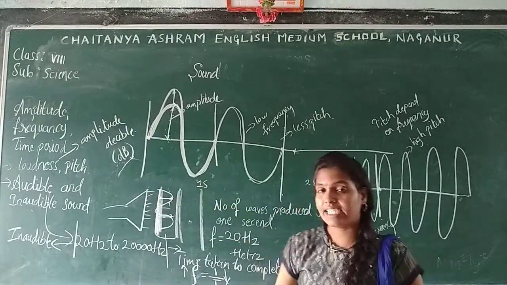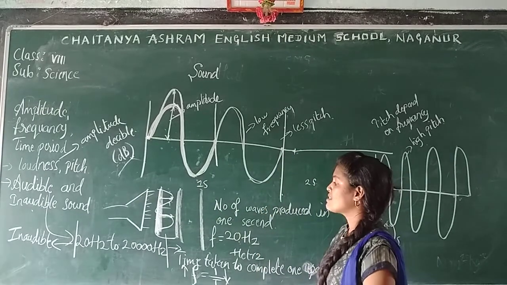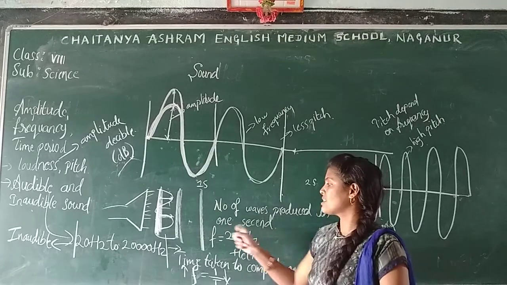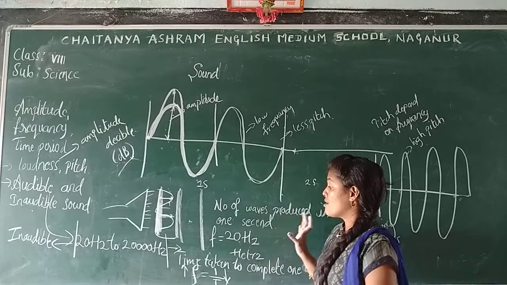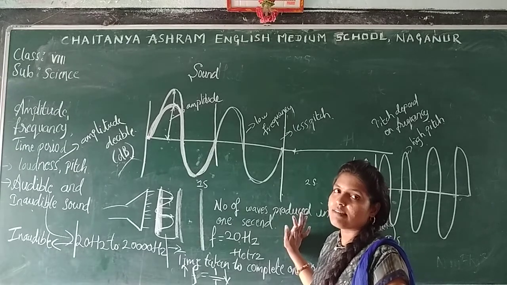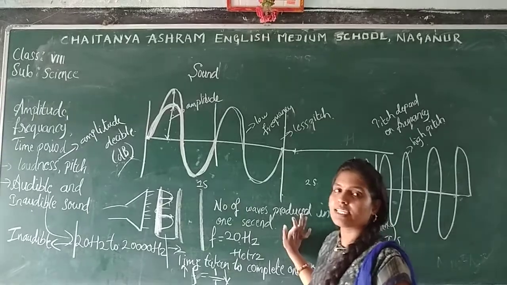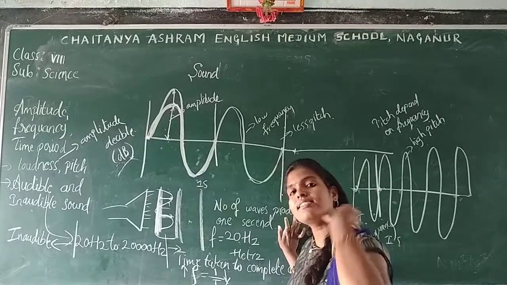It is decibel, dB. And frequency means the number of cycles produced in 1 second. If 20 cycles are produced in 1 second, then 20 Hz is the frequency of that sound.